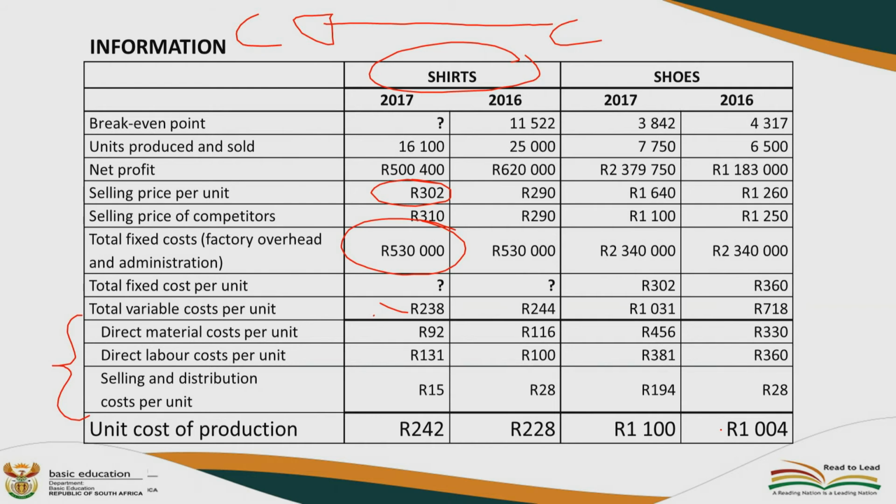Decreased by how much? It was 25,000, it is now 16,100. 25,000 to 16,100, decreased by 18,900 units. There you are, my dear learners.